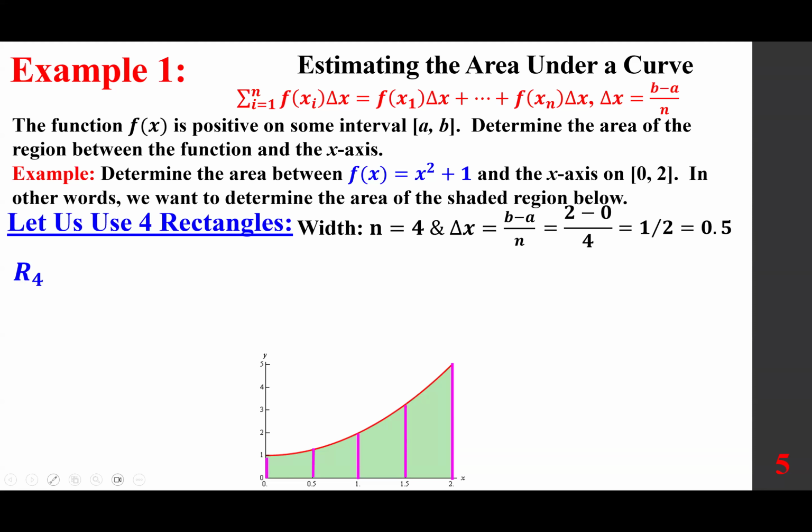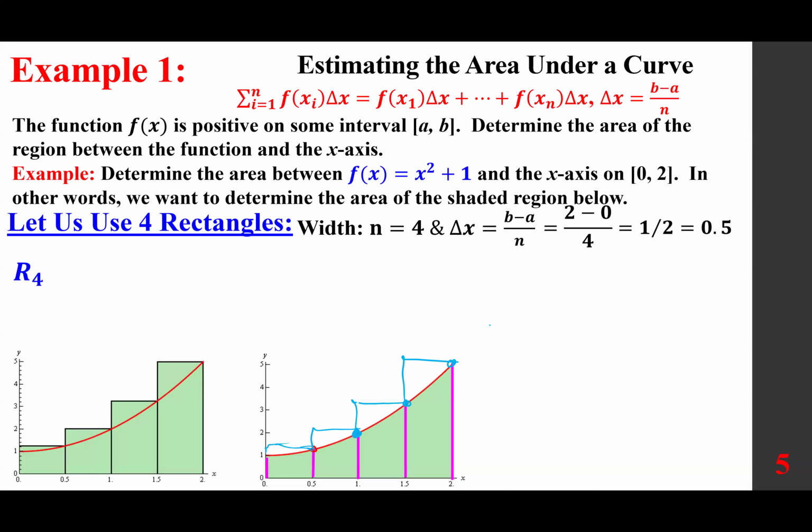In which case, let me use a different color actually. This is the first one, second rectangle, third rectangle, fourth one, looking like this, which of course is larger than the actual area, but that's an approximation.